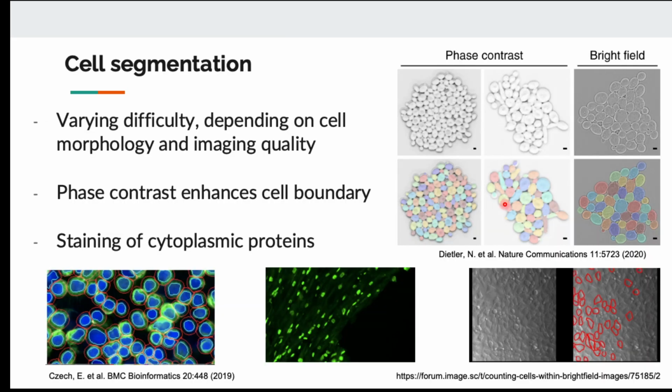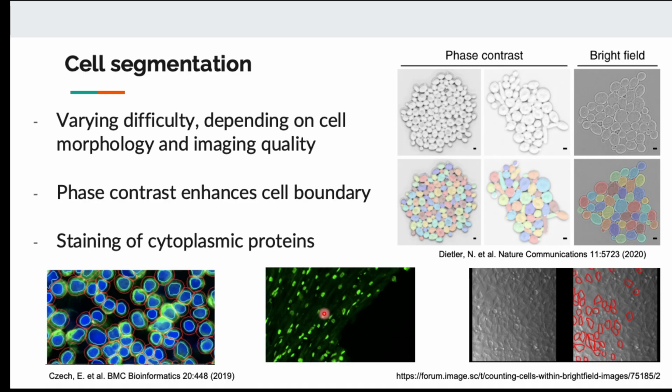But once we know where the nuclei are, next we want to know the boundary of the cell, so that we know how large it is to a certain extent. And this also depends on how you take the image. For phase contrast, you sometimes see the boundary of the cells being either very dark or very bright because of the contrast. So you can use some image processing algorithm that can detect the boundary. In later slides, we will talk more about the details of this algorithm, and we are going from the high level into the low level.